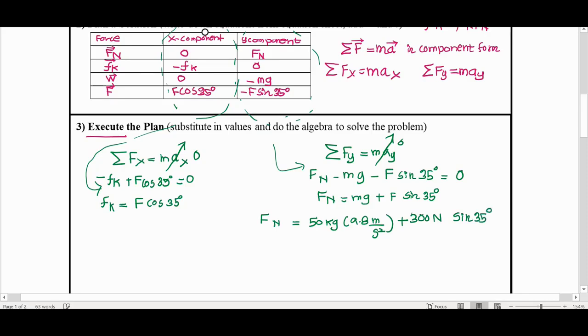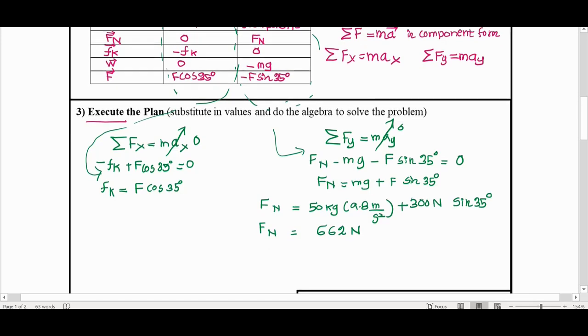And if you add these two, you will end up getting 662 newtons.